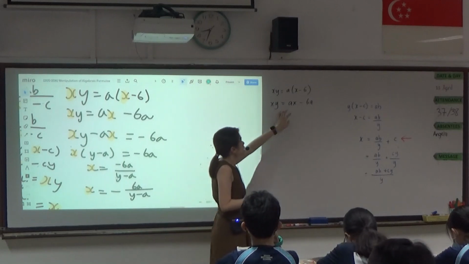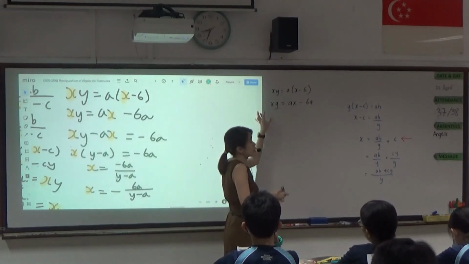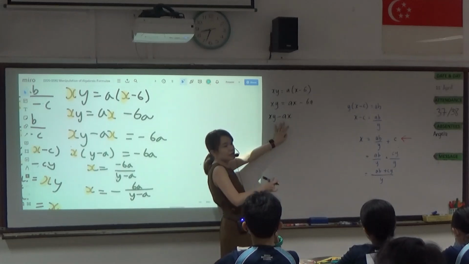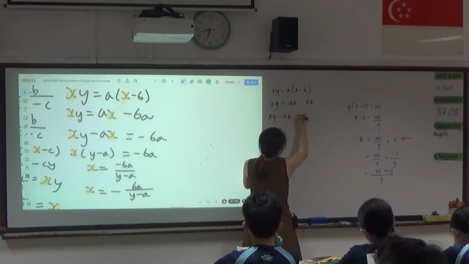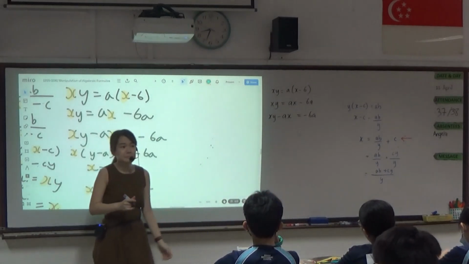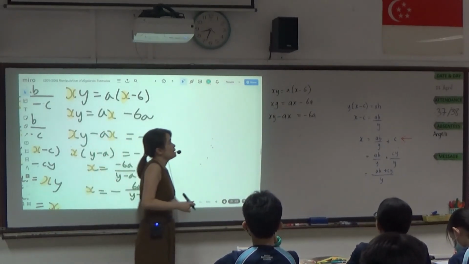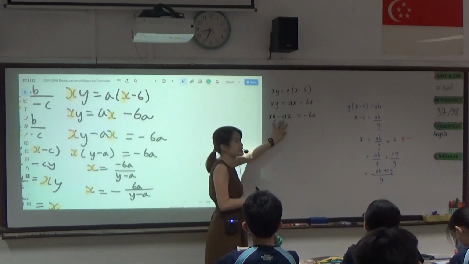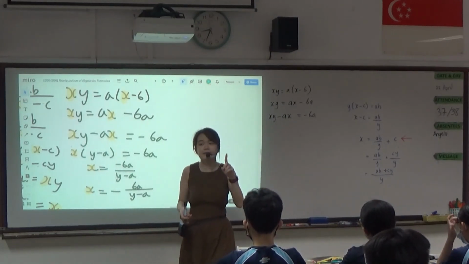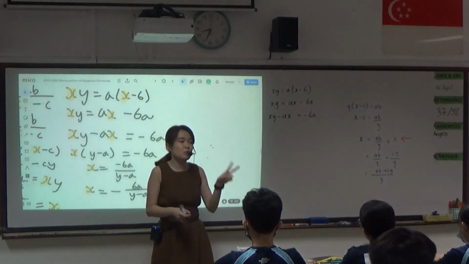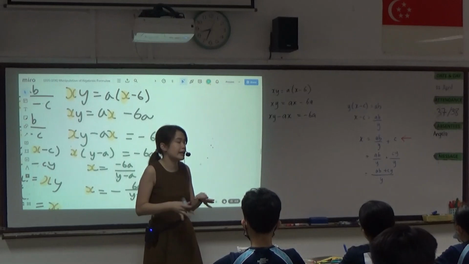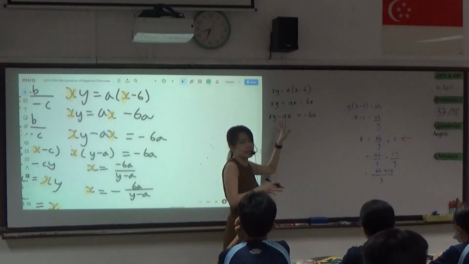Then we need to bring the x together onto one side of the equation. After that we are left with negative 6a on the other side. When I have my x brought together like that, I only want one x in the end. I don't want 2x, I don't want 3x, I only want a single x, divorced from this y and this a.